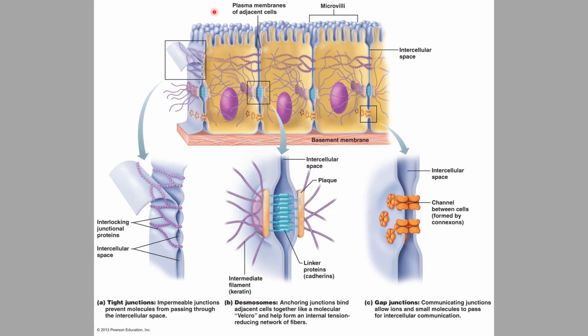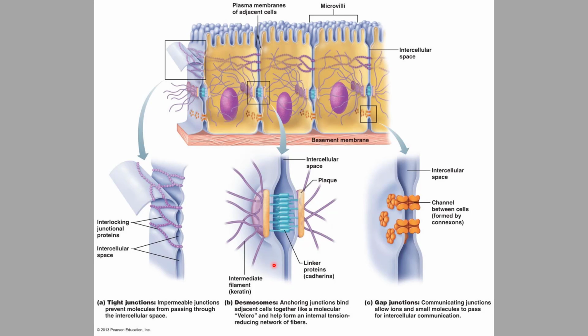We don't want the stuff passing through our digestive tract that's full of digestive enzymes and acid to be able to get in between the cells and leak out the other side so that it digests us. We don't want that. So we have these tight junctions to prevent things from getting in between the cells.